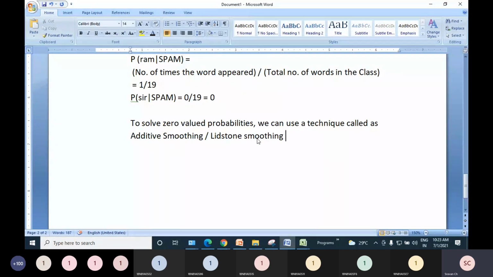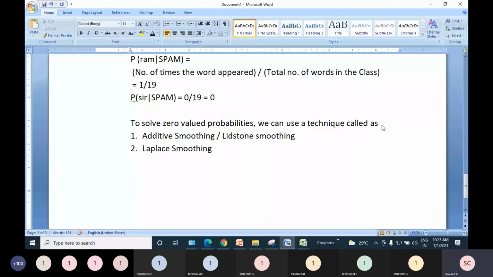This is option 1. Let me write it here. Option 1. Or you can use Laplace smoothing. So what is this smoothing and what do we do in smoothing, we will see.